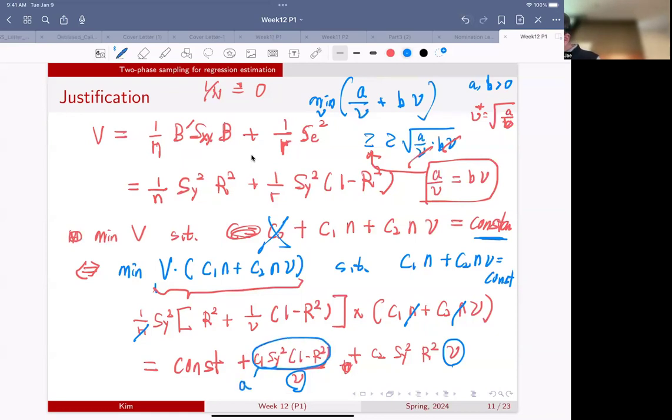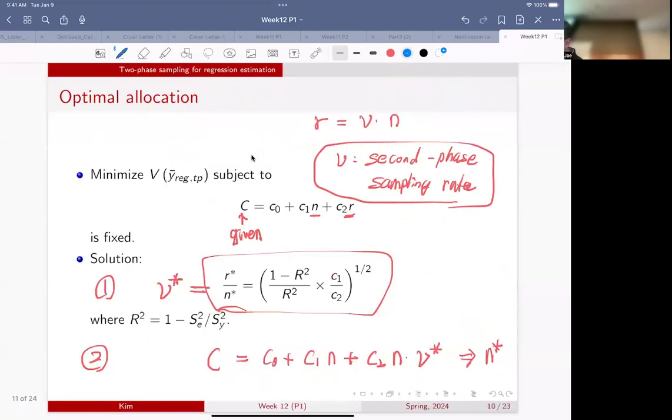This is A, this is B, and all you have to do is compute A divided by B and take the square root. Then you can cancel S_y squared, and you get C1 divided by C2 times (1 minus R squared) divided by R squared, which is this solution. We are done.